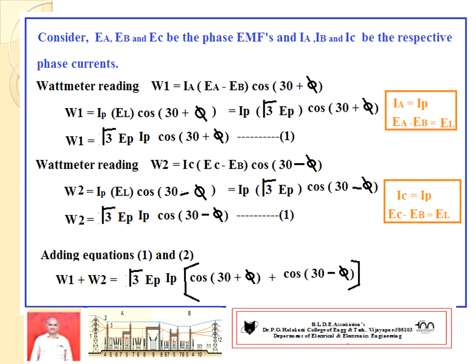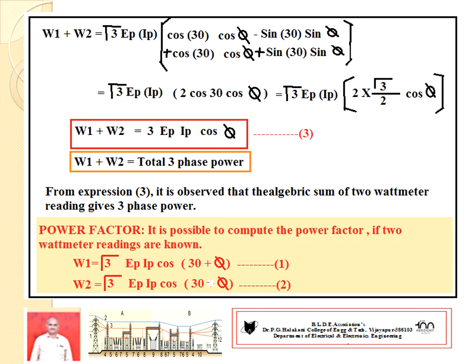Then by adding equations 1 and 2, that is W1 plus W2, the root 3 EP IP term is the same. Take the common factor. Inside the bracket cos 30 plus phi plus cos 30 minus phi. You expand cos 30 plus phi and cos 30 minus phi. So cos 30 cos phi minus sin 30 sin phi.